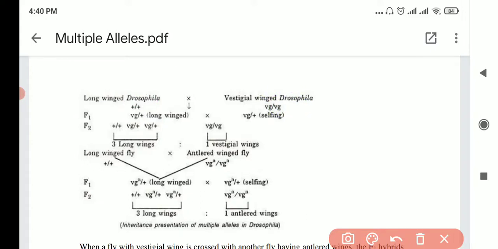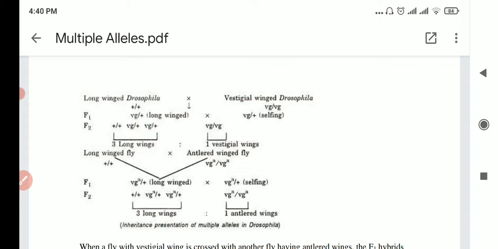So on selfing, the F1 will get long wing, because one is the dominant one. Then on selfing, after successive crosses, you will get 3 long wings and 1 antlered wing, okay? This is your basic Mendelian genetics, okay? You cross them, and whichever is dominant, you express that.